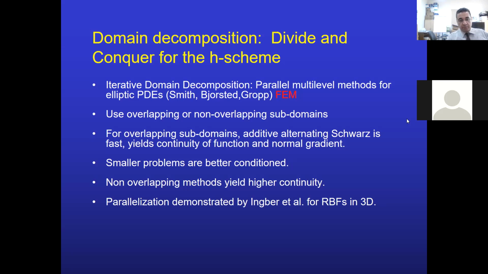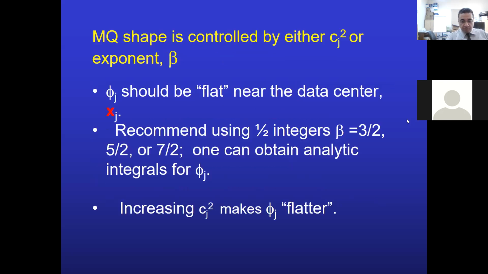You're not ensured convergence until you go to an infinite number of processes. So basically we know that smaller problems are better conditioned, and non-overlapping yields higher continuity. So parallelization was demonstrated by Iqbal and all for radial basis functions in 3D. Next slide.